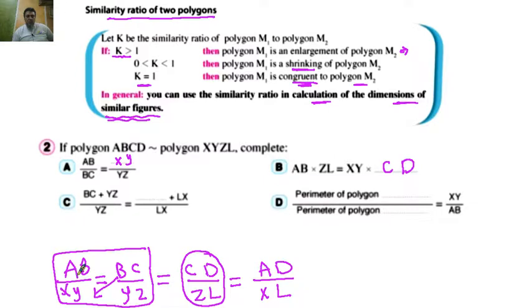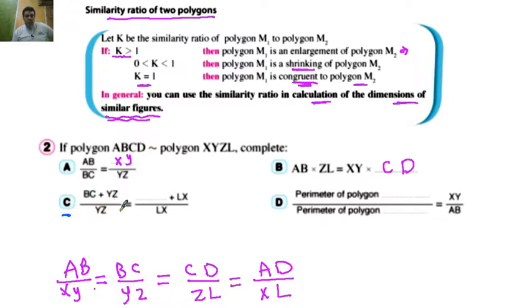The third relation, number C: BC plus YZ over YZ equals BC over YZ, and the equal ratio AD over XL.